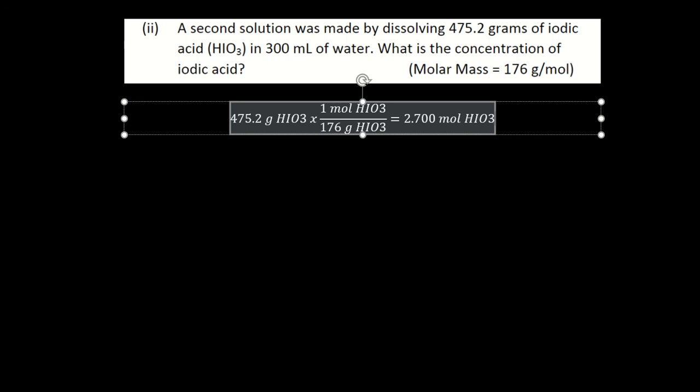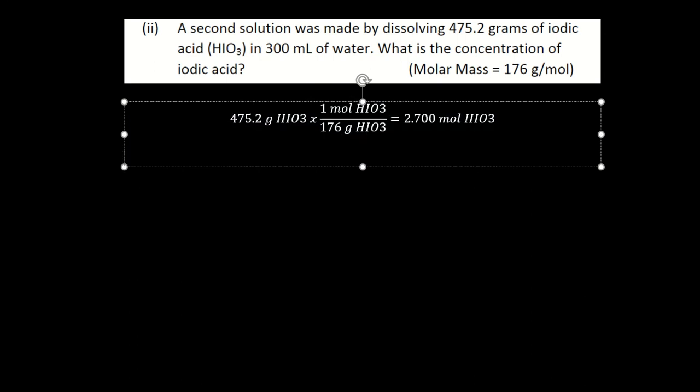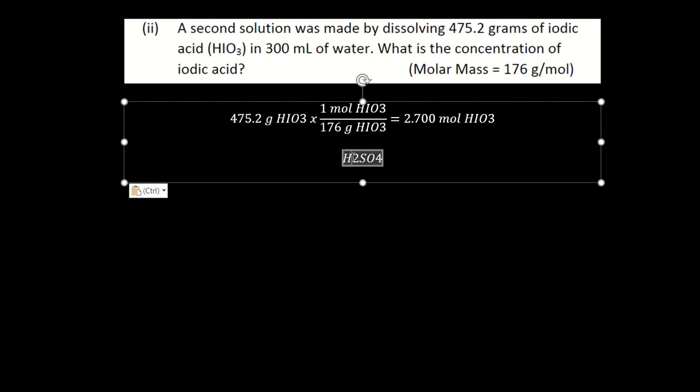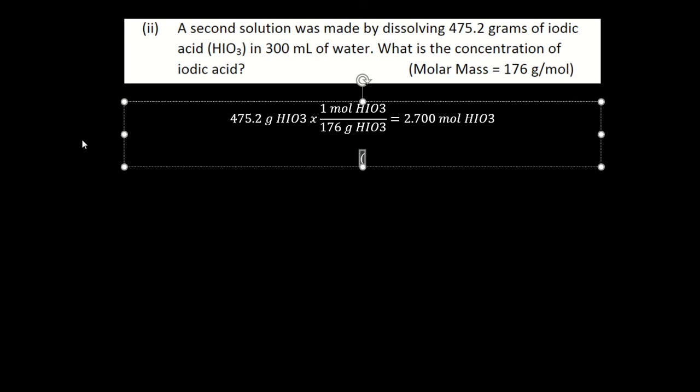So, all right, we now have the moles of iodic acid. Now since we also know the volume of our solvent, water, we can use that to calculate our concentration of iodic acid, which is just going to be moles divided by liters.